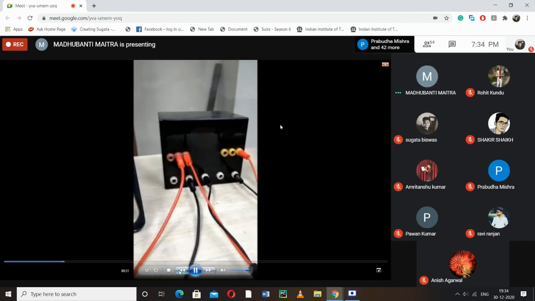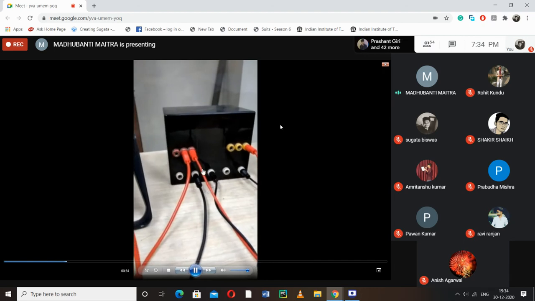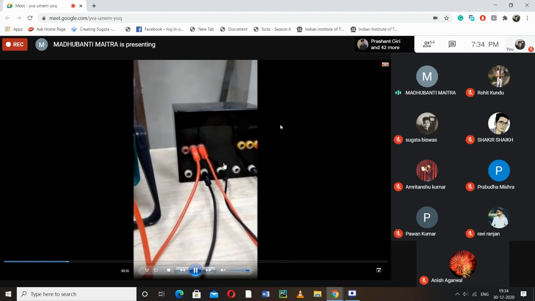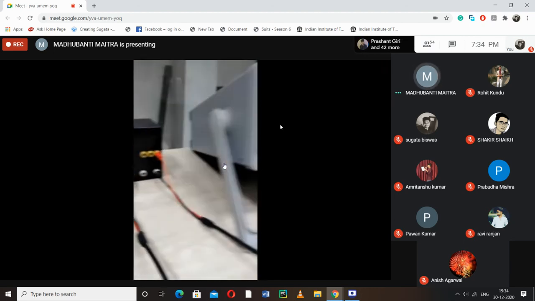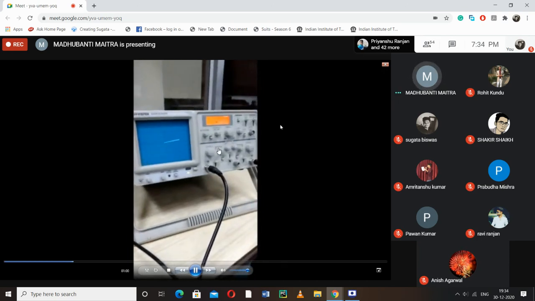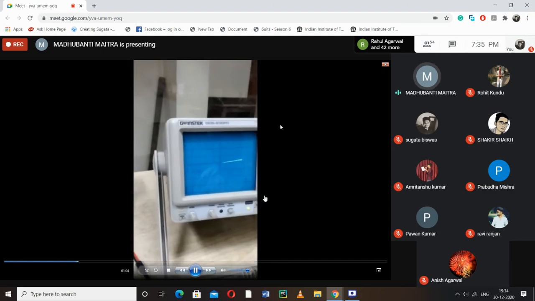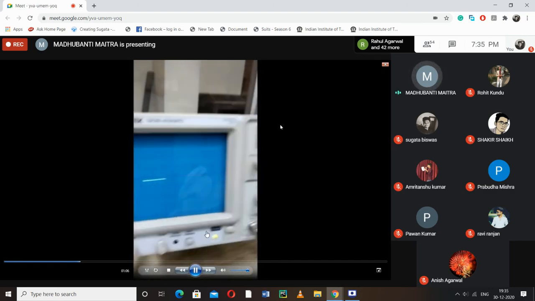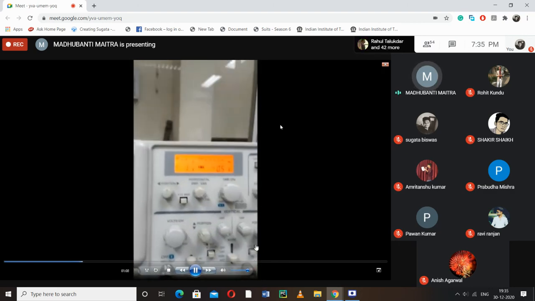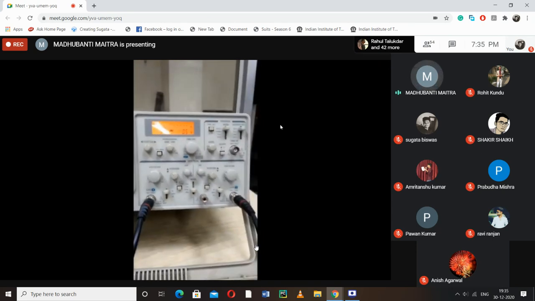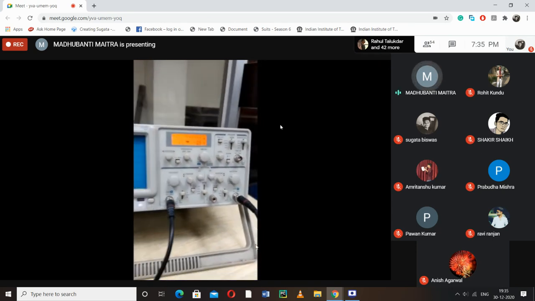Now you'll be able to see the ranges. As I said, this is the unknown linear system, and this is our oscilloscope. Two channels are there. The X channel has been connected to the input signal, and the Y channel has been connected to the output signal generated by the system.